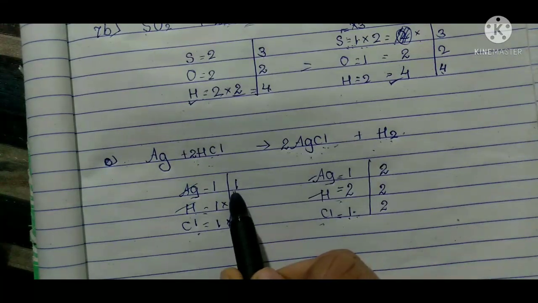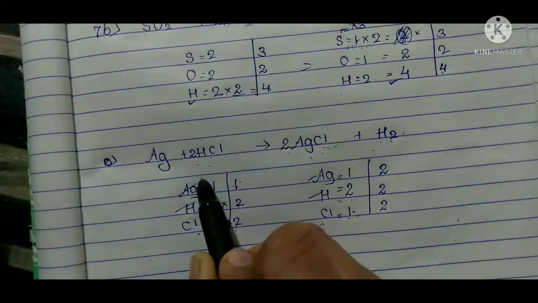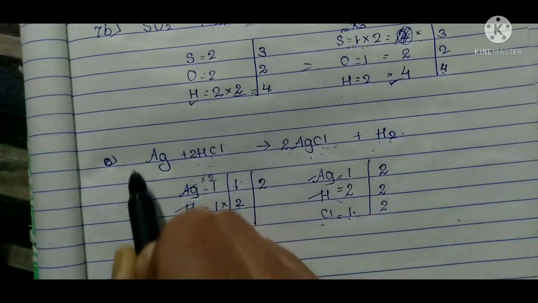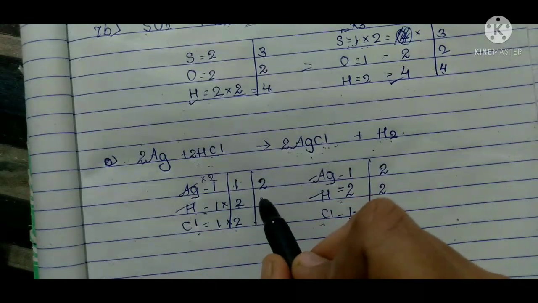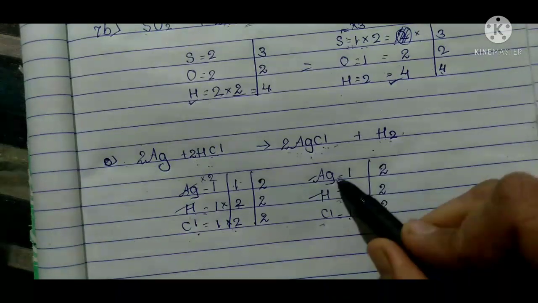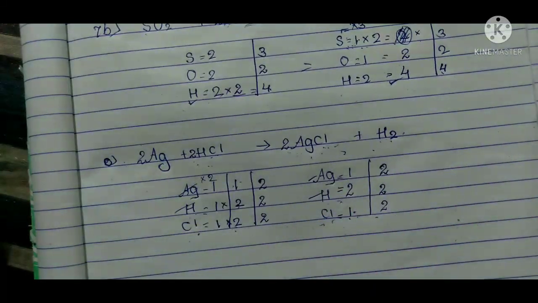Here I have to increase silver. So silver multiplied by 2, I will get 2Ag. Now see, 2Ag, hydrogen 2, chlorine 2. Here silver 2, hydrogen 2, chlorine 2. Now your equation is balanced.